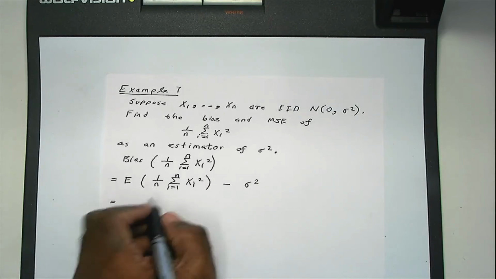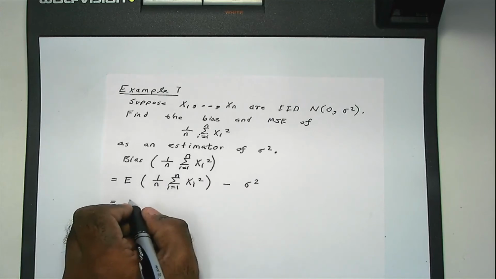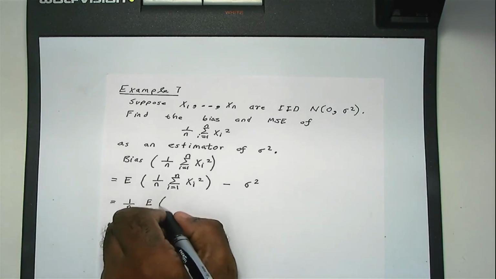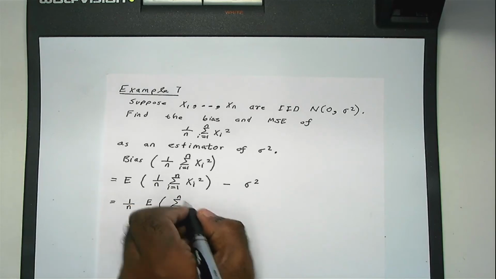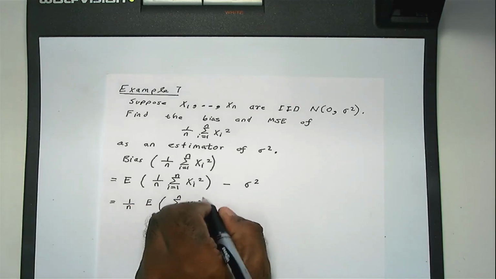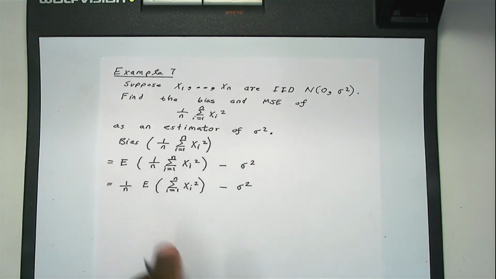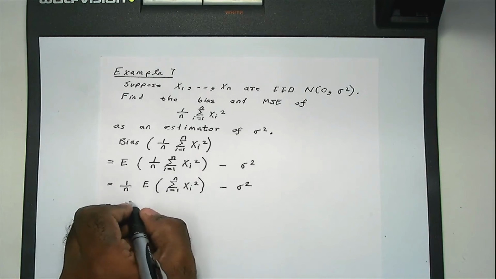I'm going to take the 1 over n outside, which is a constant, and write it like this. Now I'm going to multiply this by sigma squared.